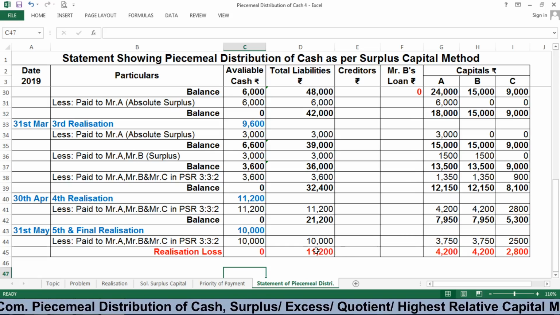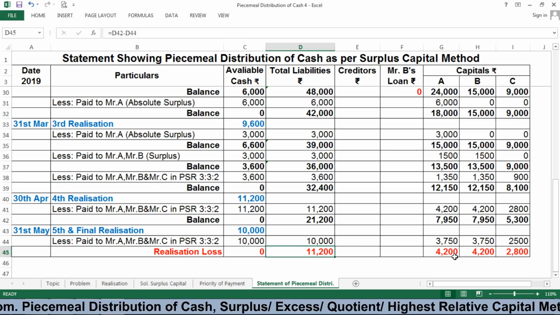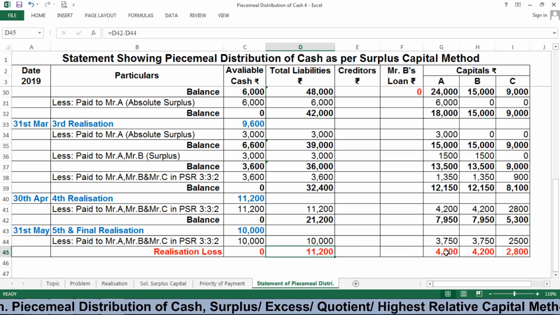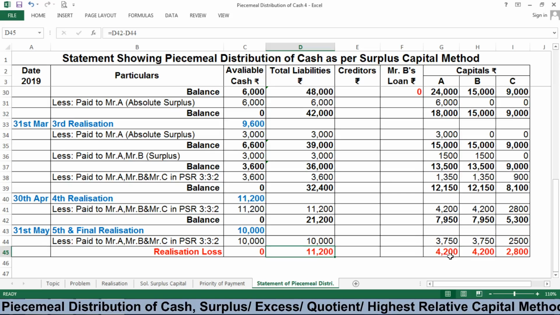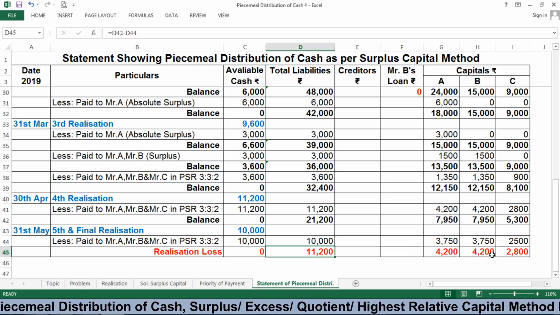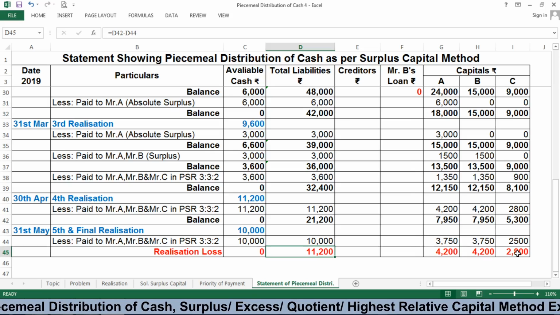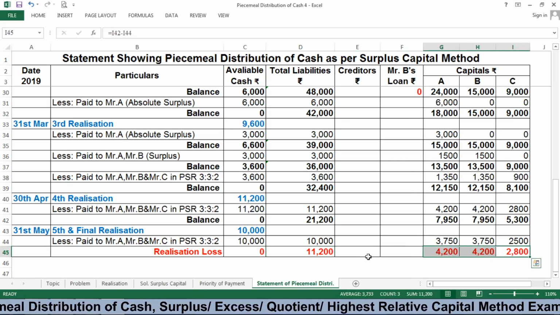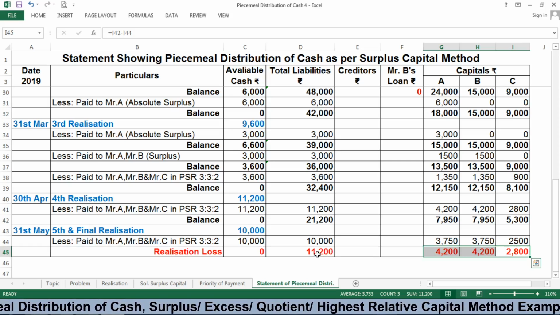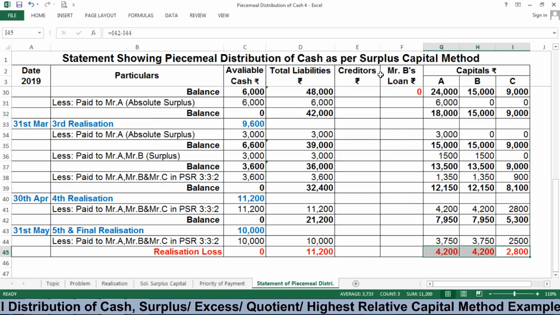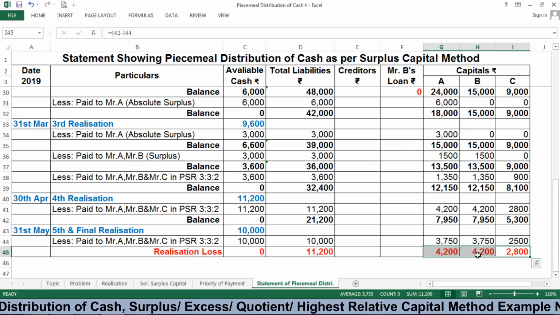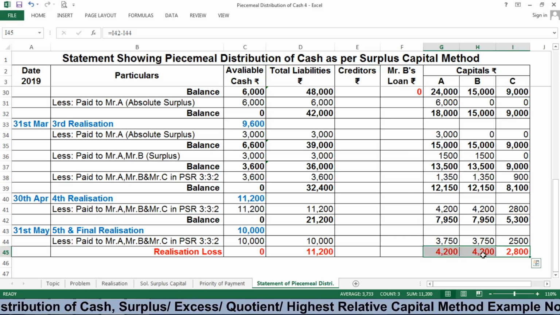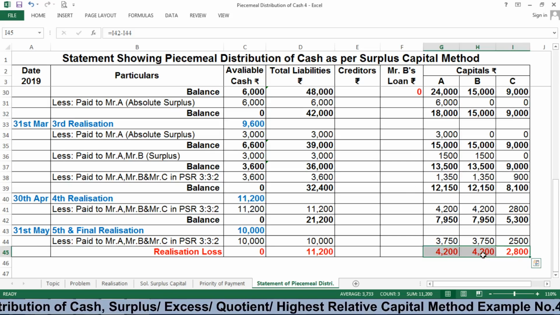Now you can cross check it by totaling the capitals of Mr. A, B, and C. Mr. A's capital is still payable rupees 4,200, Mr. B's same, and Mr. C is payable 2,800. The total of A, B, and C must be equal to total liability. So here you can calculate 4,200 plus 4,200 plus 2,800, that is 11,200.